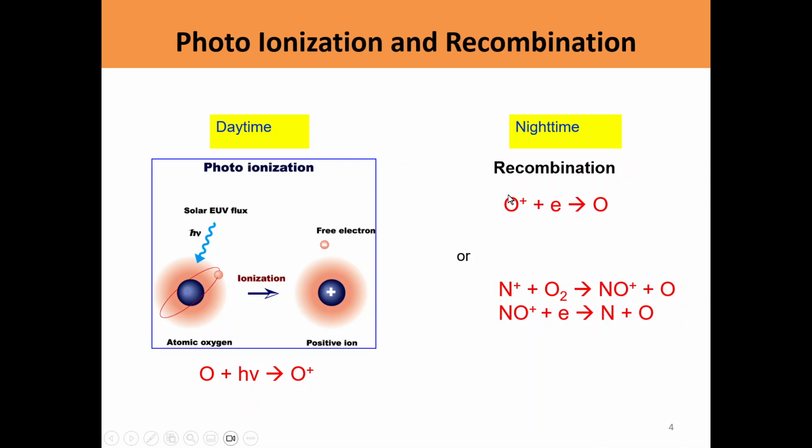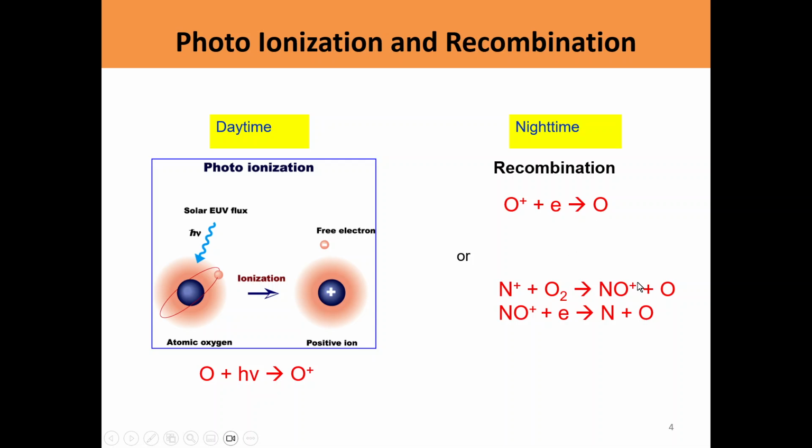For example, the O plus will combine with the free electrons and become neutral oxygen. Or there are two steps of recombination, where the N plus will react with the oxygen and become NO plus. And then this NO plus with the free electrons becomes neutral nitrogen and neutral oxygen.